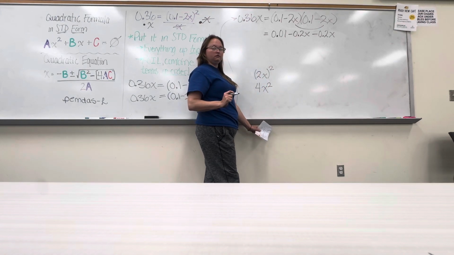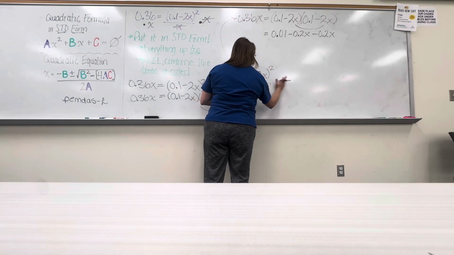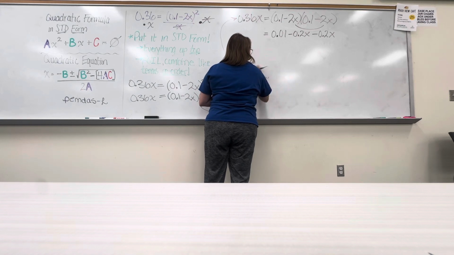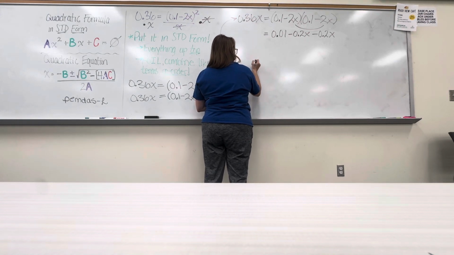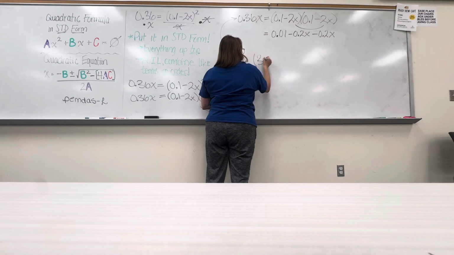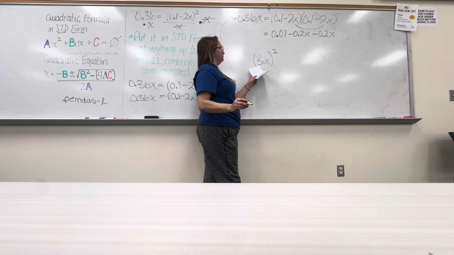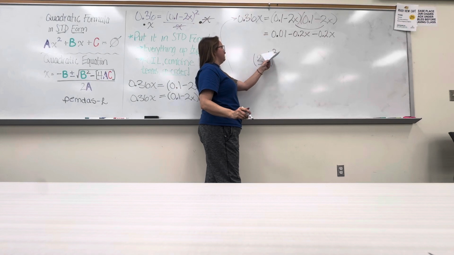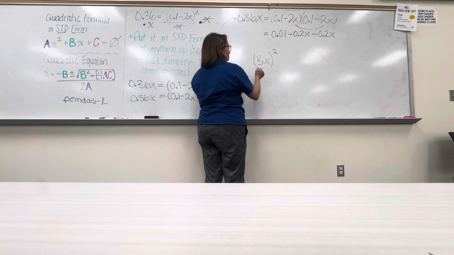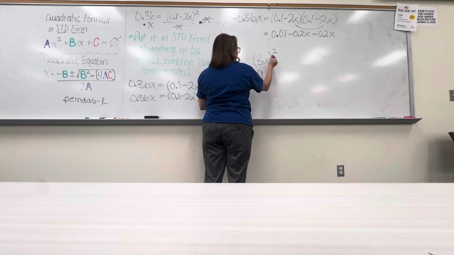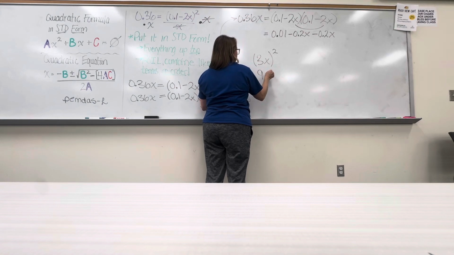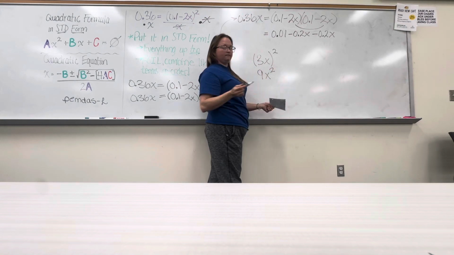Okay? So if I were to give you the value (3x) squared, you're going to square your 3 first, so 9. Then you're going to square your x. Okay?